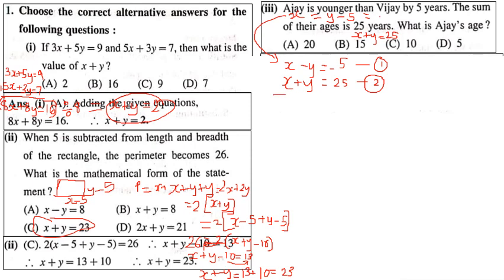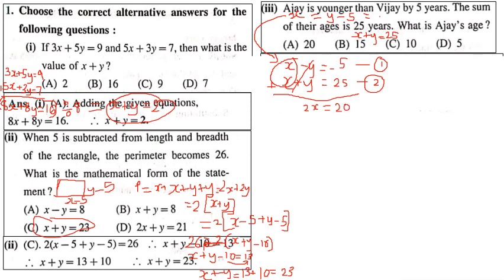So now because they have opposite sign, we can add it. So when we are adding them, plus y minus y gets eliminated. X plus x becomes 2x. So 2x is equal to plus 25 minus 5 is plus 20.